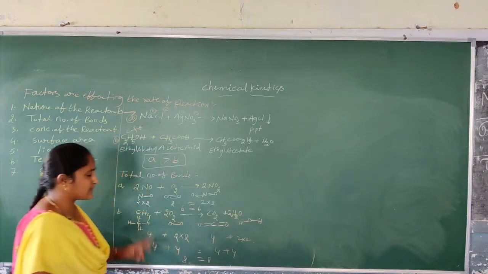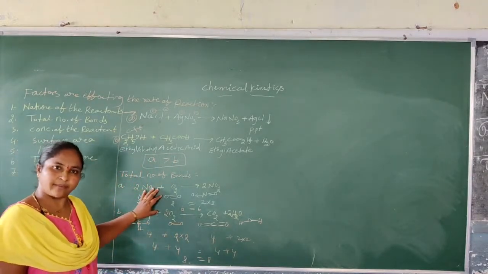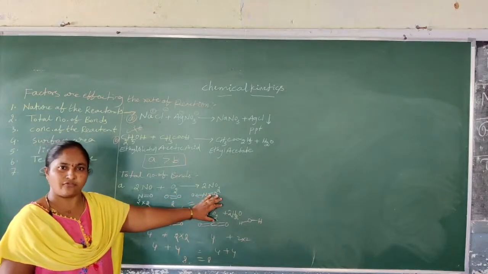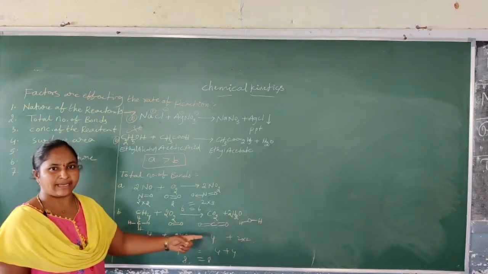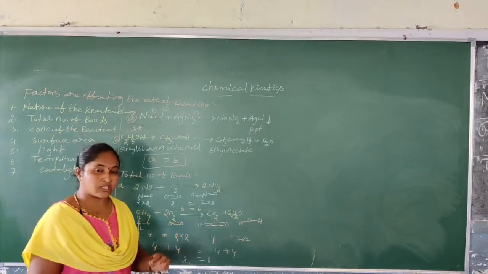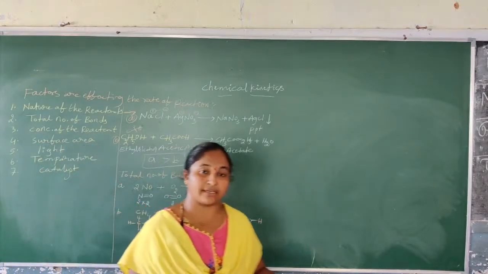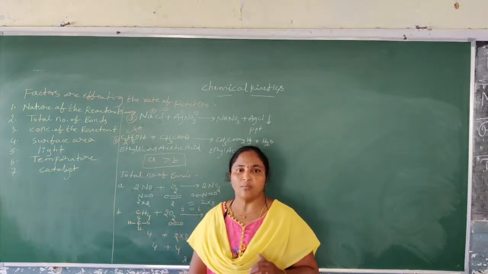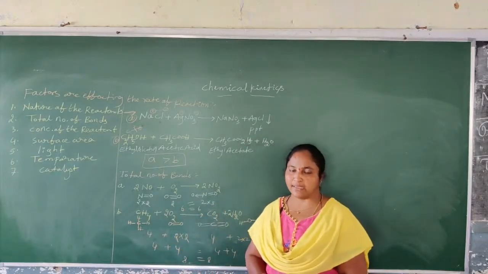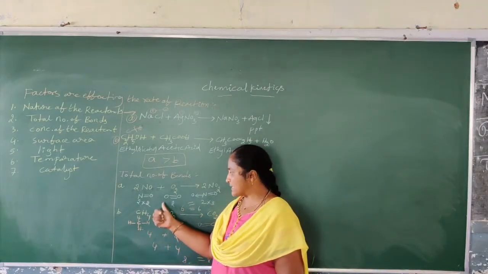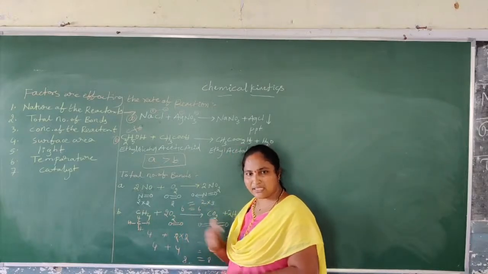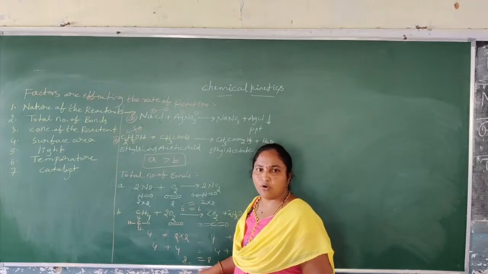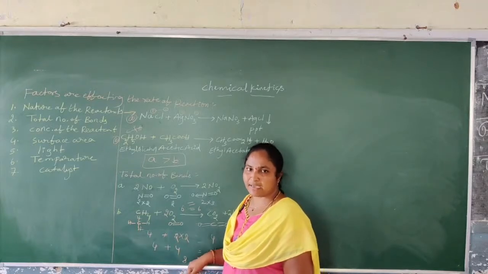So in the A example, 6 bonds will be breaking and 6 bonds are forming. In the second example, 8 bonds are breaking and 8 bonds are forming. A reaction with less bond rearrangement is faster than one with more bond rearrangement. I will repeat once again: lesser bond rearrangement reactions are faster than more bond rearrangement reactions.